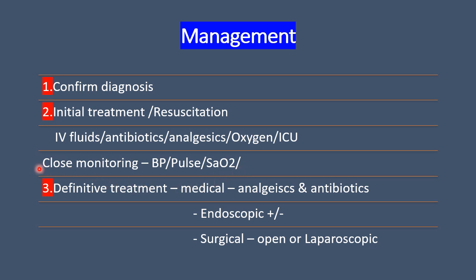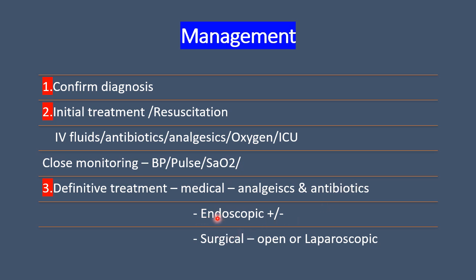When the patient is stabilized with all this initial treatment, then you proceed with the definitive treatment. First is medical treatment, which consists of analgesics and antibiotics. The antibiotics normally given for gallstone acute cholecystitis are a cephalosporin with or without metronidazole.